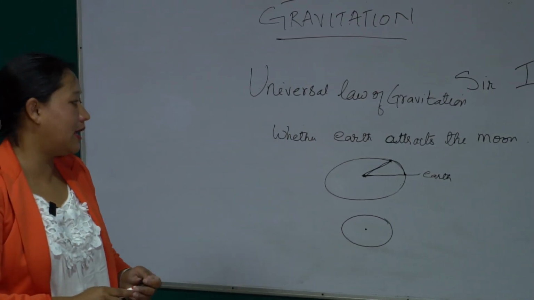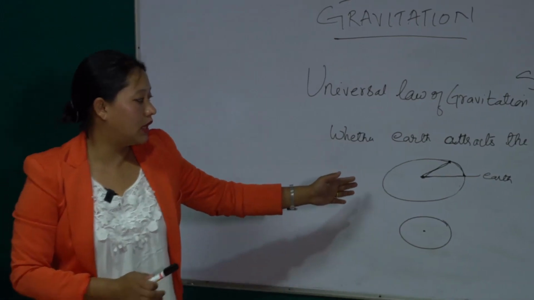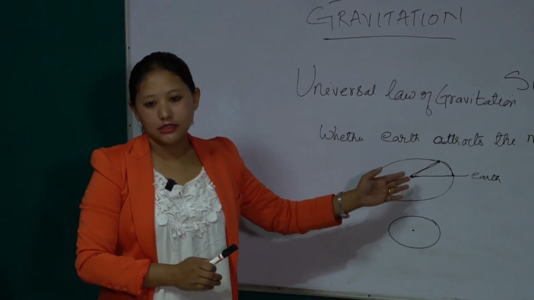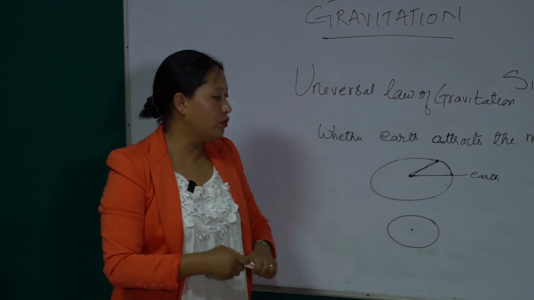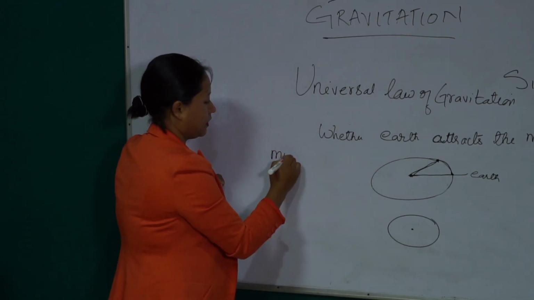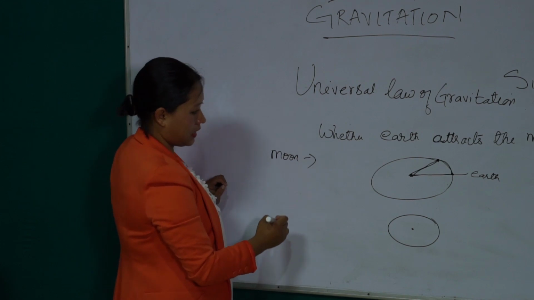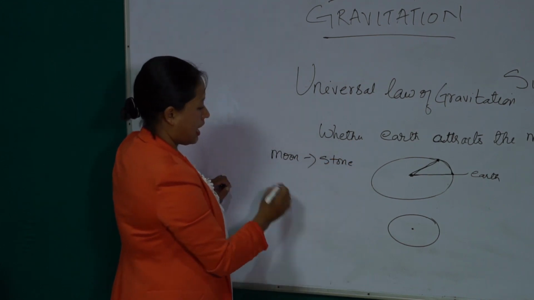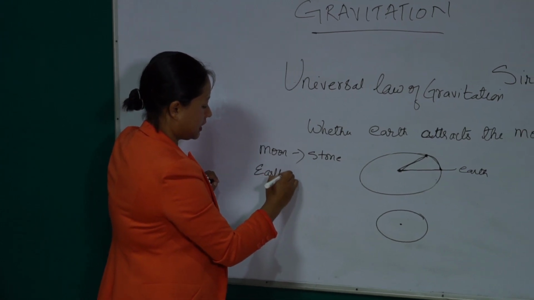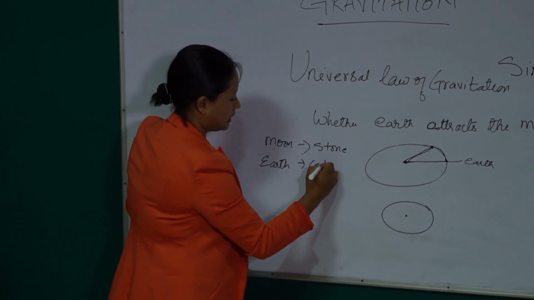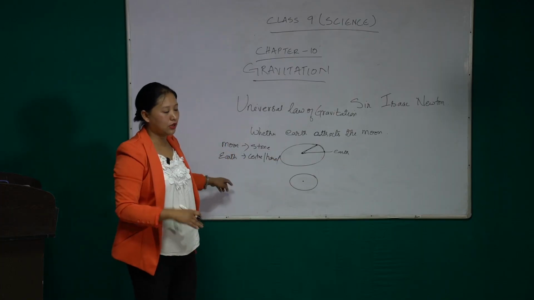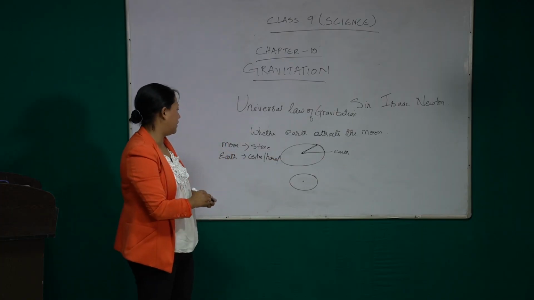So similarly with the moon and the Earth. Just imagine the moon as the stone and the Earth as the center, your hand. Imagine it in this way so that you will understand it very clearly.